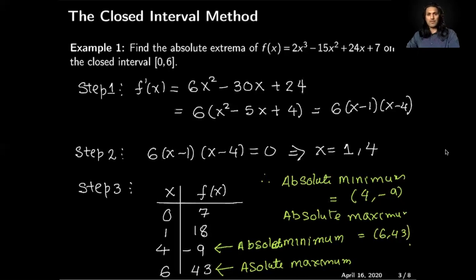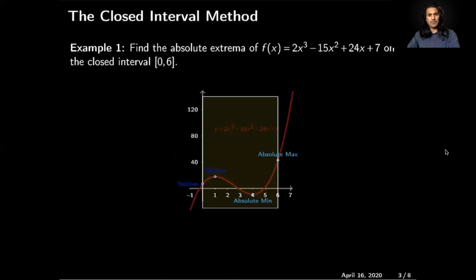Let's look at the graph of this function and see whether we find the right answer. So here, this is the graph of the function. As you can see, we only look for the maximum and minimum value from 0 to 6.